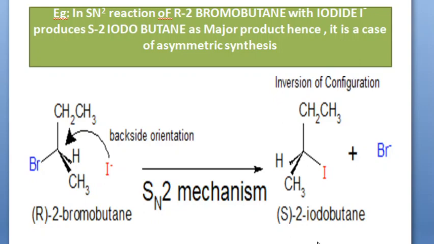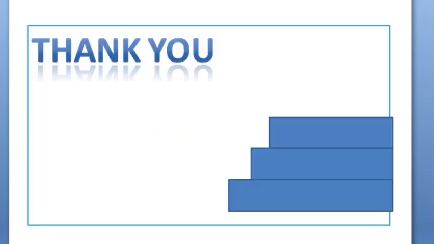And here you got S-2-iodobutane as major, and obviously R-2-iodobutane will be minor. Therefore the reaction is asymmetric synthesis. Thank you.